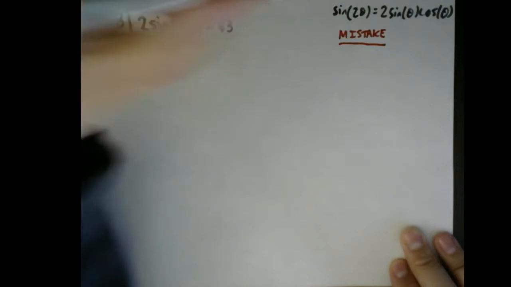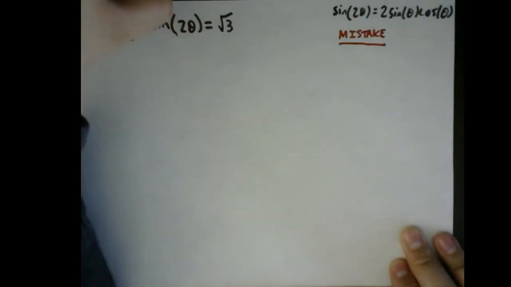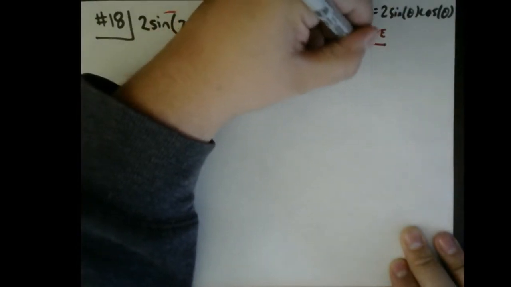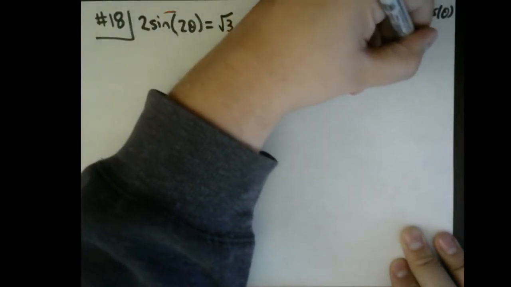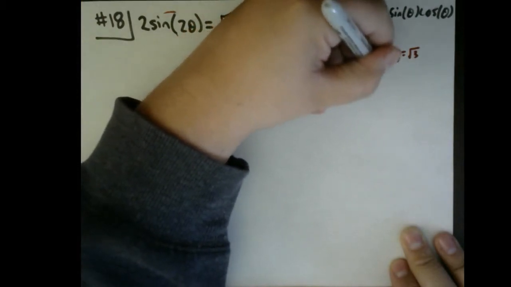An easy mistake that's common to make would be to say, well, sine of 2 theta is 2 sine theta cosine theta. I already have a 2 there. So 2 sine of 2 theta, which is what I have over here, is 4 sine theta cosine theta equals root 3. And then divide by 4 and say, well, okay, sine theta cosine theta is root 3 over 4.